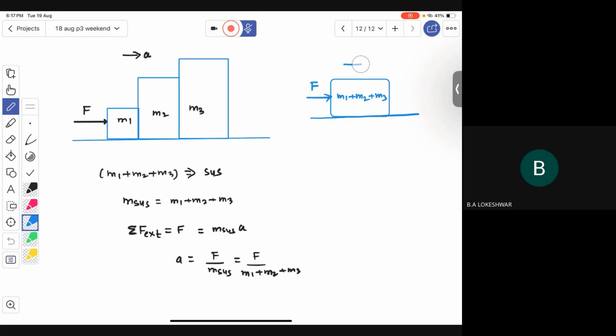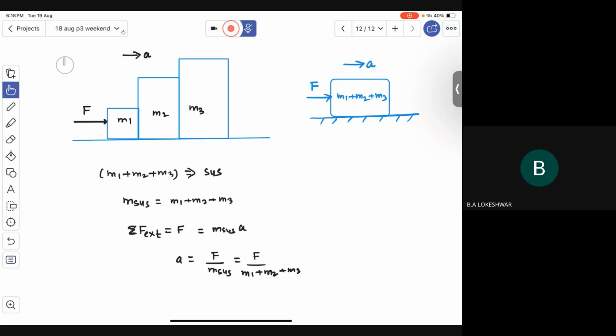Whatever acceleration such a single block would have, that much acceleration every object will have in the system where I have taken M1, M2 and M3 together. Everyone moves with the acceleration this single block would have. I hope all of you got this.